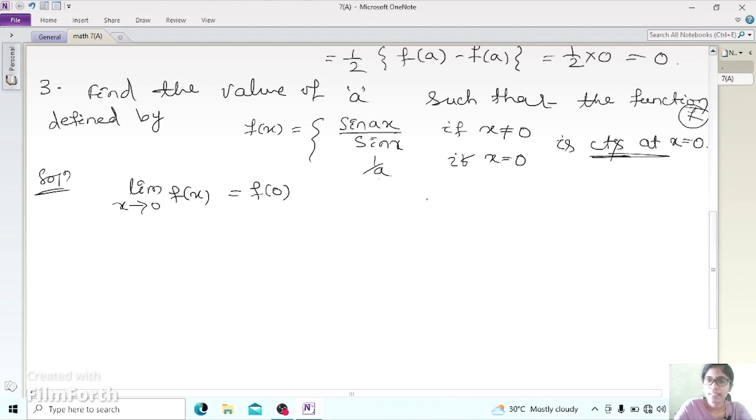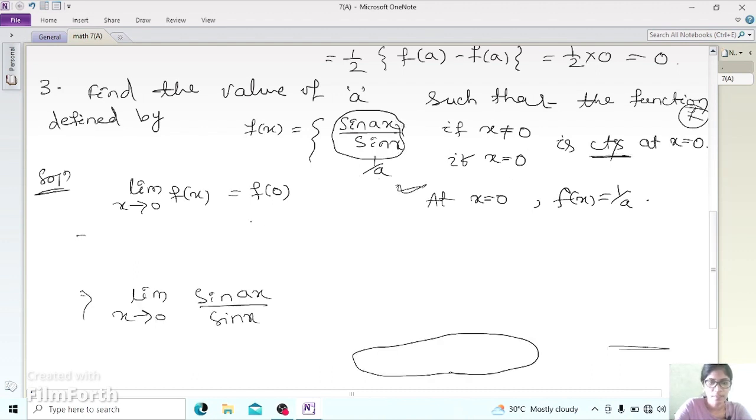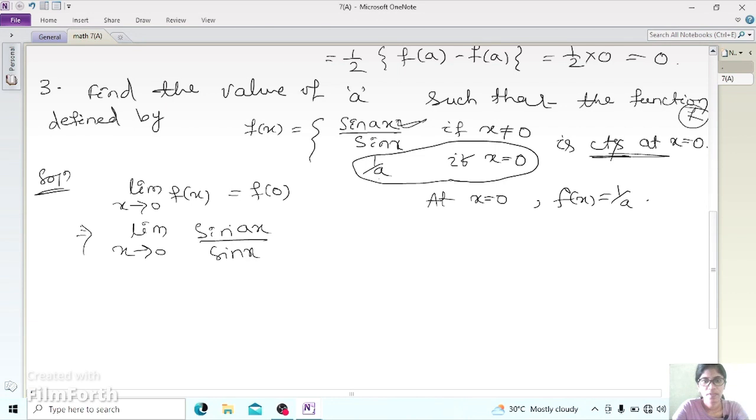Listen, at x equal to 0 what is the value of the function? f of x is equal to 1 by a. Okay. Now limit x tends to 0 f of x which is equal to sin ax by sin x because x not equal to 0, which is equal to 1 by a.